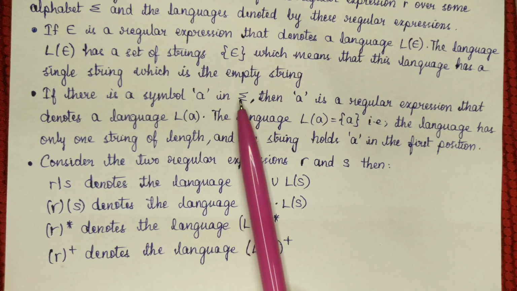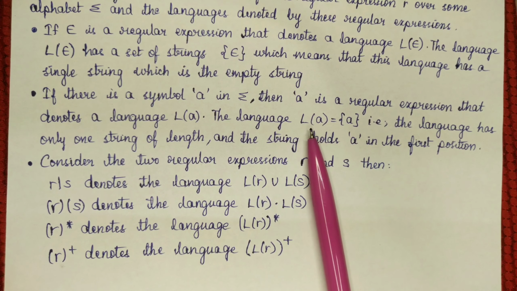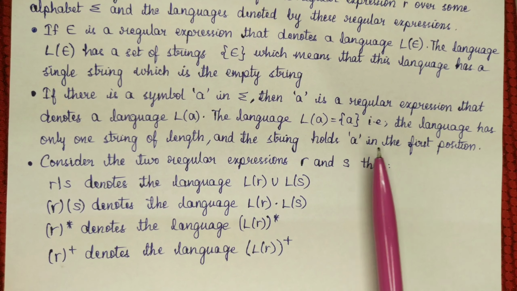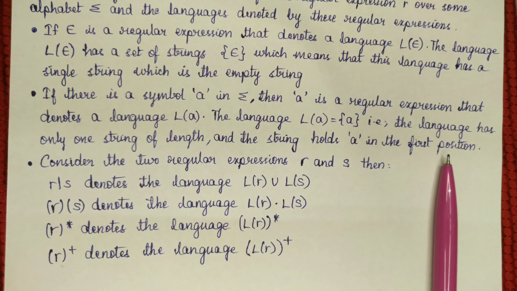If a is a symbol in the alphabet, then a is a regular expression for the set {a}. That means the set {a} is here a language L(a). That means the language has only one string of length 1, and the string holds a in the first position.